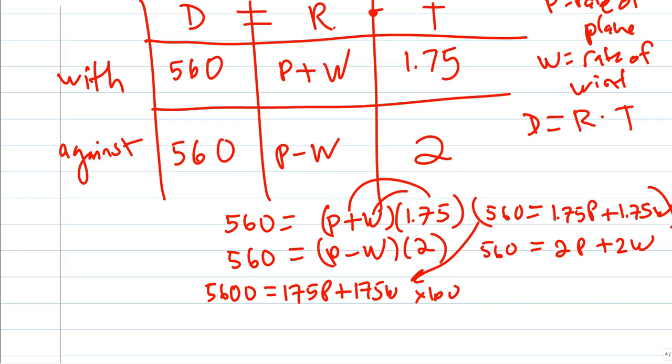I'm looking at this, and I've got a 2. And that 2 is not going to turn into a 175, is it? So what do we need to do? Well, I see that all three of these numbers, 560, 2, and 2, are all even. So I'm going to take this equation and divide it all by the 2. And get 280 is equal to just P plus W.